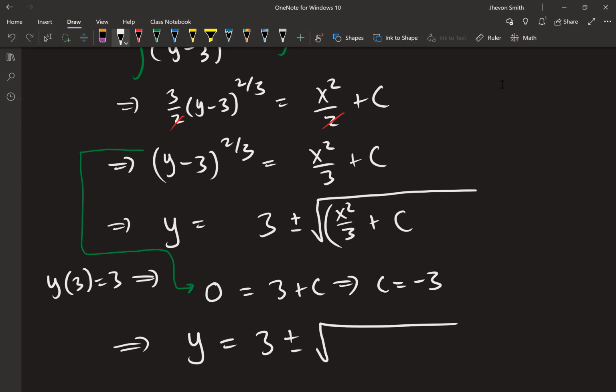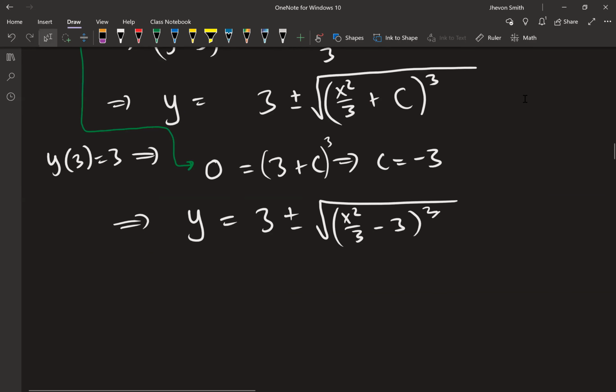By the way, this should actually be cubed. So I take the square root and then I cube it and then I add 3, which means c is still going to be minus 3. So this would become x squared over 3 minus 3, squared, cubed.